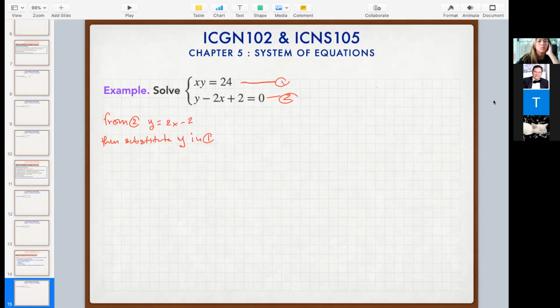So we get x times (2x minus 2) equals 24. Then we multiply them. We have 2x squared minus 2x equals 24, right?